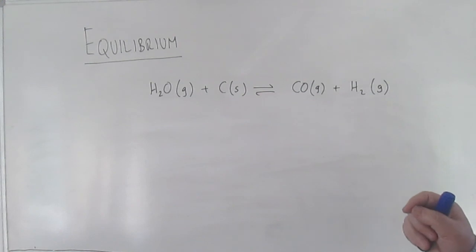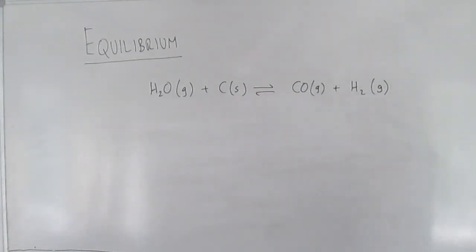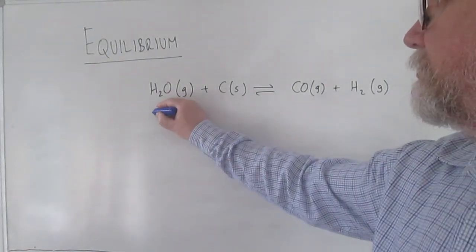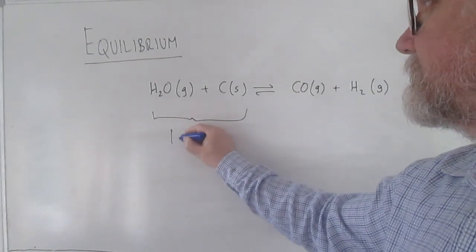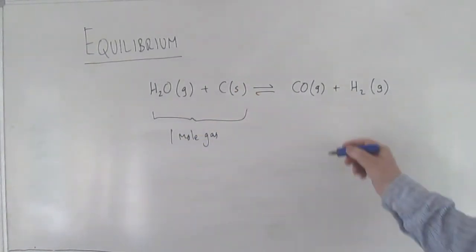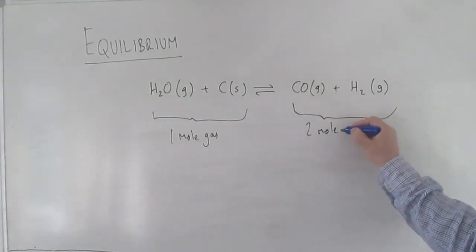But when you look at the state symbols, you realise that isn't true, because the carbon here is a solid. So on this side you have only 1 mole of gas, 2 moles altogether, but one of them isn't gas, whereas on this side you have 2 moles of gas.